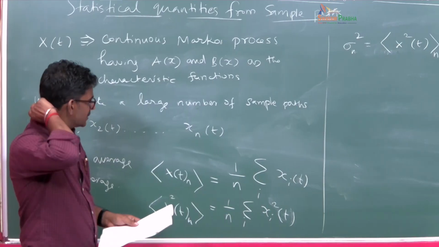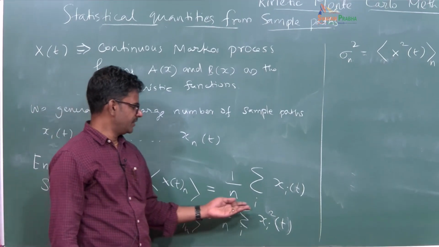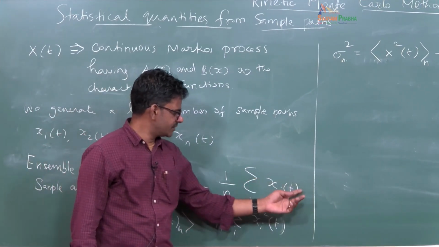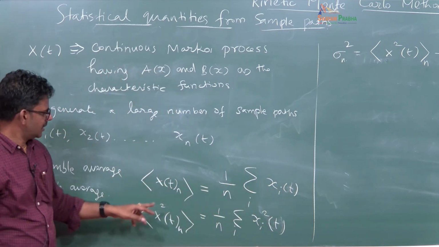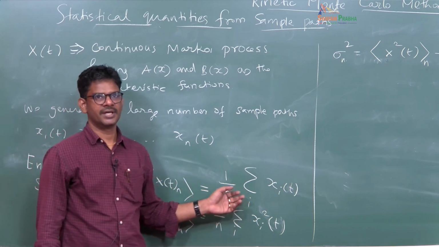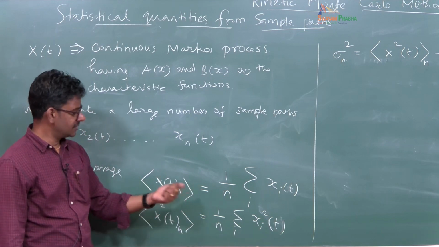So in that case, what we will do is, we will make use of the central limit theorem, where you can see that regardless of the distribution of xi which we are generating, the mean that we are getting here is going to be a normally distributed random number. That is the outcome of this powerful central limit theorem.